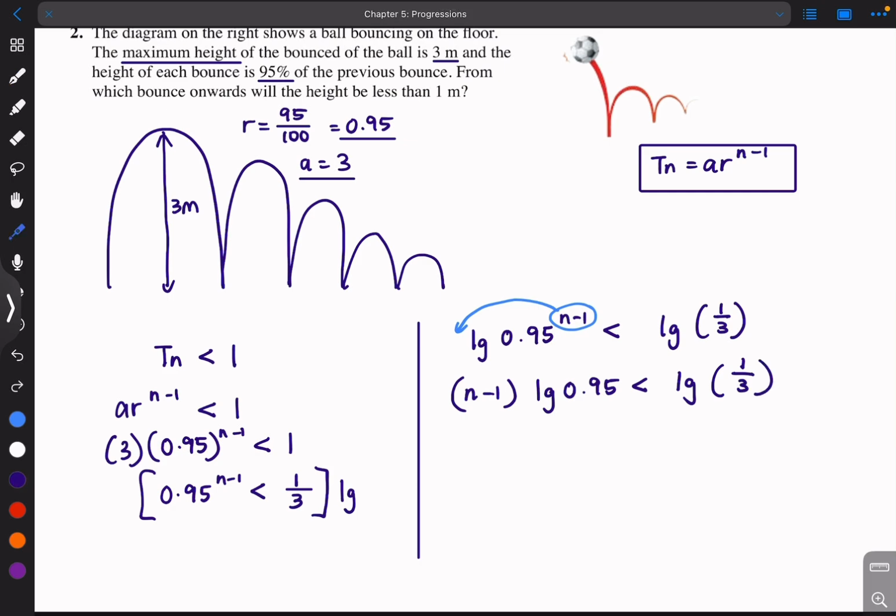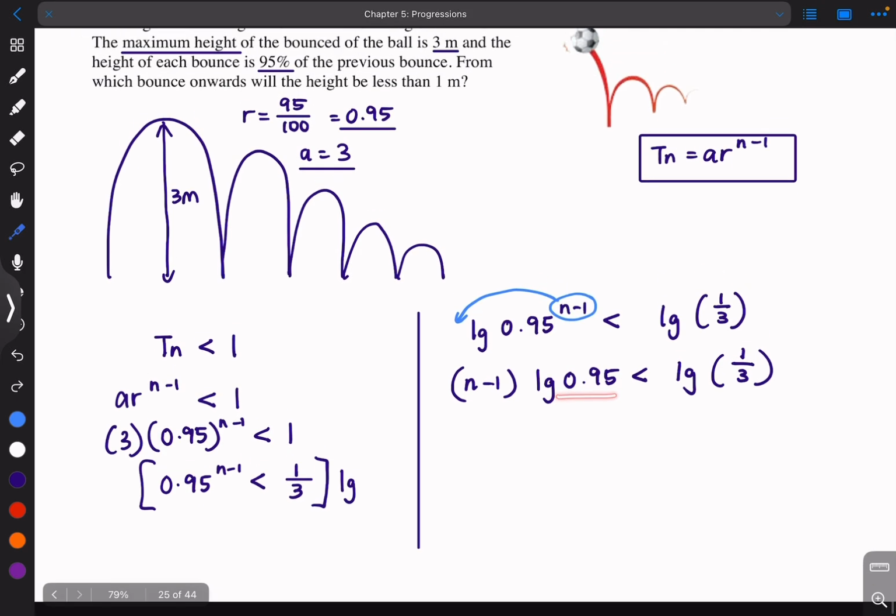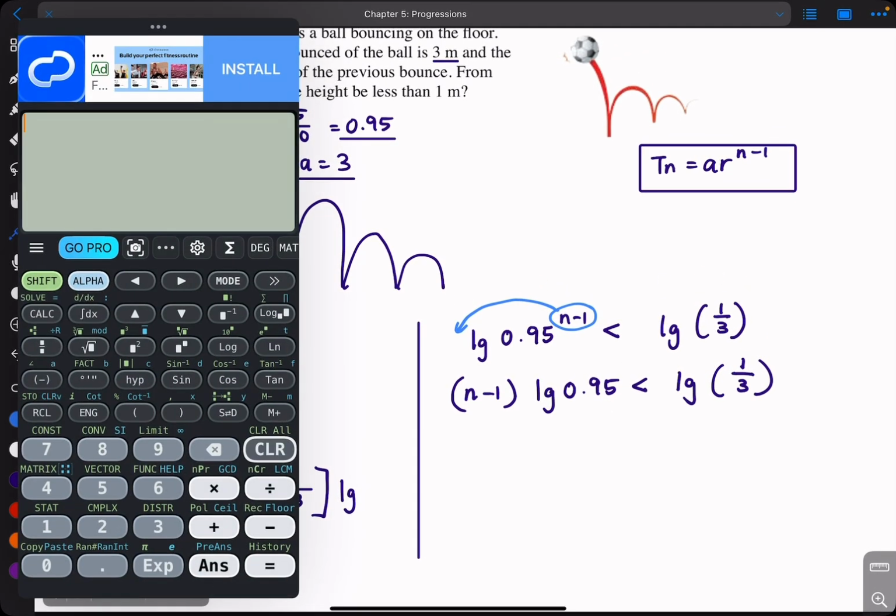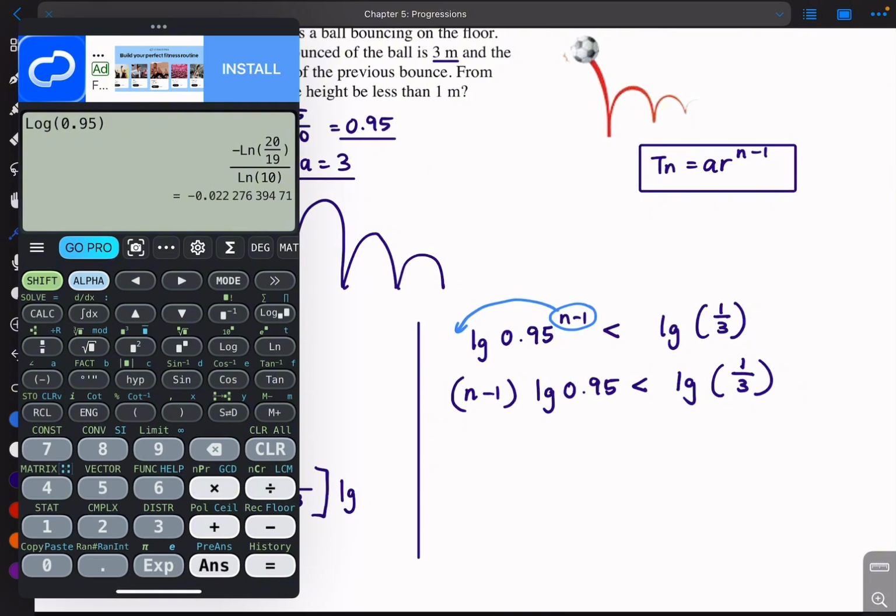So now we need to bring this over here. But you have to remember, if we have log of a number less than 1, so 0.95 is less than 1, we will be getting a negative value. So log 0.95, you can see here it's negative. Every time this number is less than 1, you must remember that this is negative.